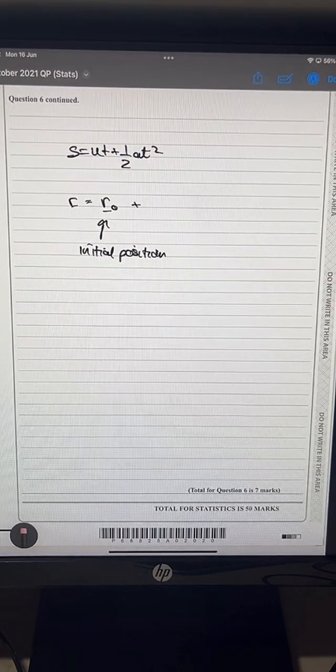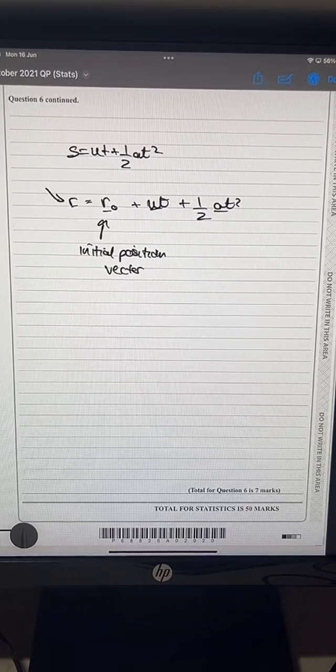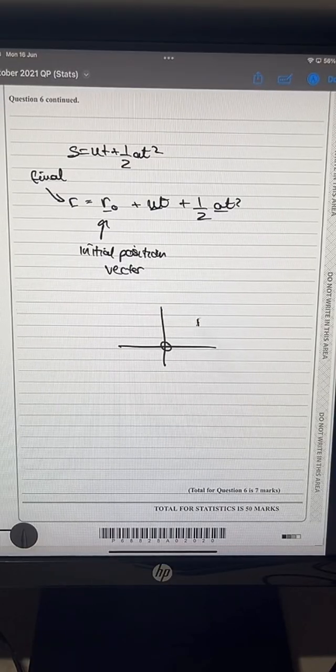Plus UT plus half AT squared. You need to have this initial position vector to add to your final. This is your final position, right? Because if you don't have this, you're assuming it just starts at the origin. But if it started here and moved here, you need to have this little offset by adding this here. That's how it works.